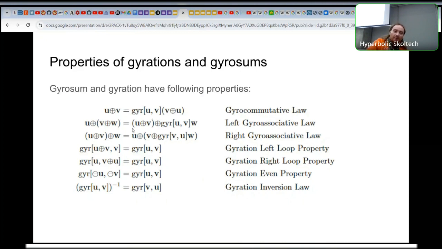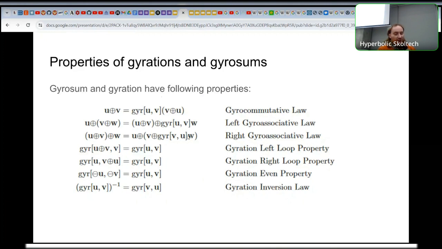And also it is a transformation between u plus v plus w and u plus v plus something, where something is the result of applying the gyrator operator to w. Again, when you take these formulas in these sums, you are just reducing these formulas to something.